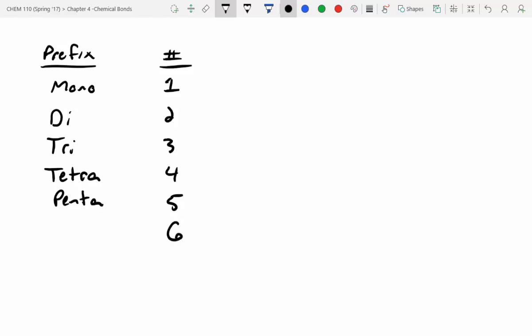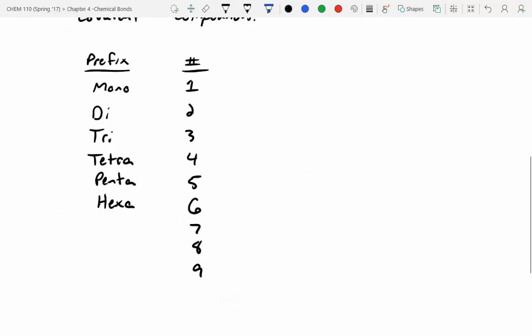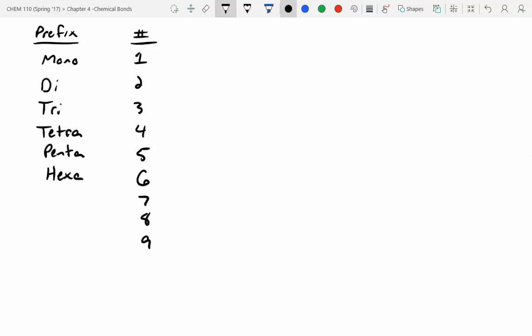What about 6? What do you call a 6-membered shape? It's a hexagon, right? So hexa is a prefix for 6. We'll go all the way to 10, 7, 8, 9, then 10, and then we'll cut it off at 10. What do you think 7 is? Close. It's actually hepta.